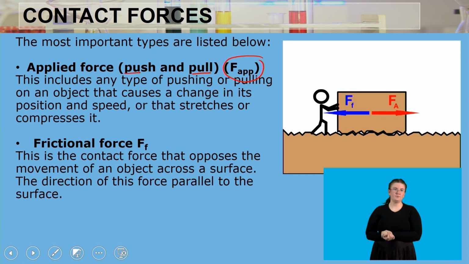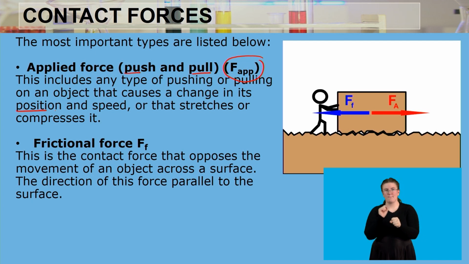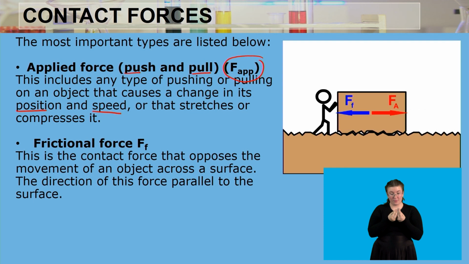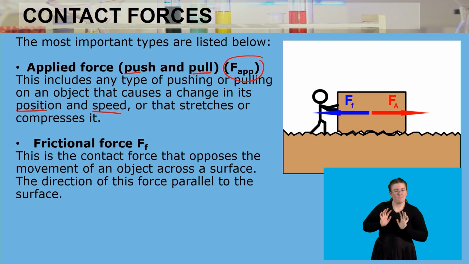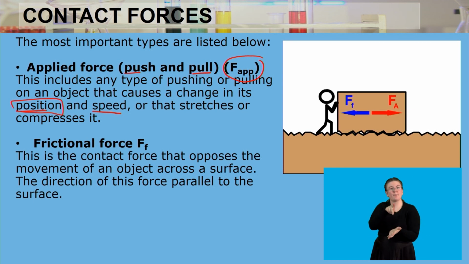These include any type of pushing or pulling on an object that causes a change in its position and speed. Remember, if the object is stationary and I come and push it, or sometimes pull it, what have I done? I change the position of that object.